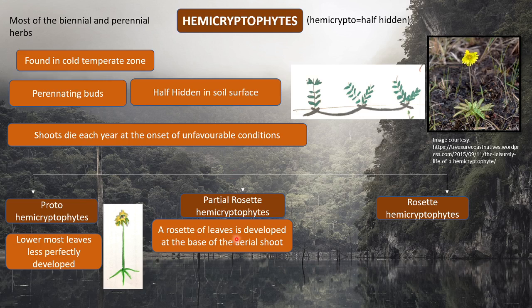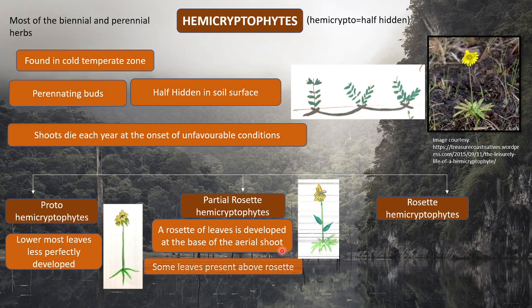Then partial rosette. This is a rosette of leaves developed at the base of the aerial shoot, and also there are some leaves present above the rosette. So in a partial rosette, along with the rosette arrangement of leaves, there are certain leaves present on the top also, above the rosette leaves.